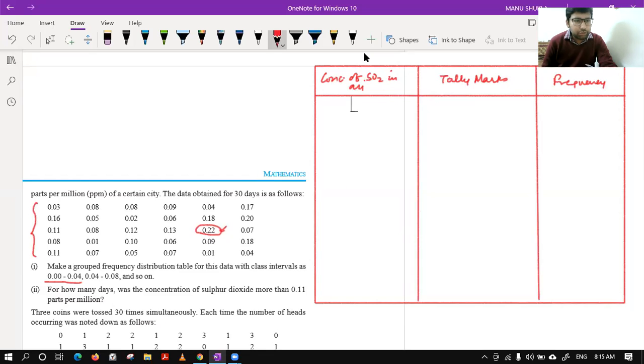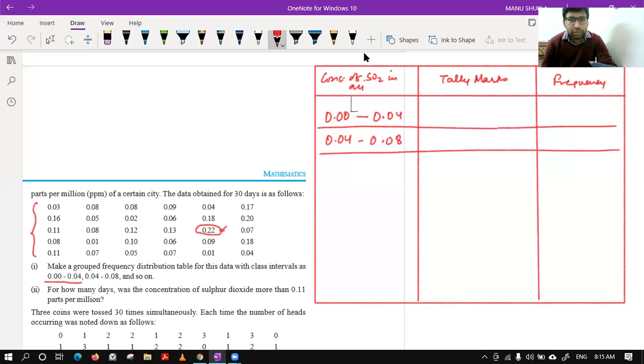Let's start. The first value, as they have given us, is 0.0 to 0.04. The next interval is 0.04 to 0.08. Tell me the next class. Please help me. The next class interval will be what?